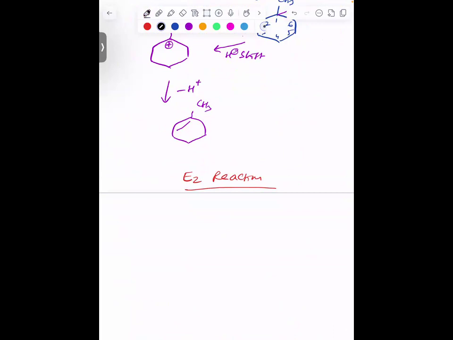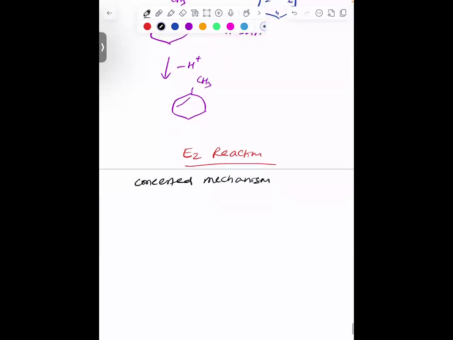Both the reactions, E2 and SN2, follow a concerted mechanism, that means both bond formation and dissociation are taking place simultaneously. So the name is concerted mechanism.